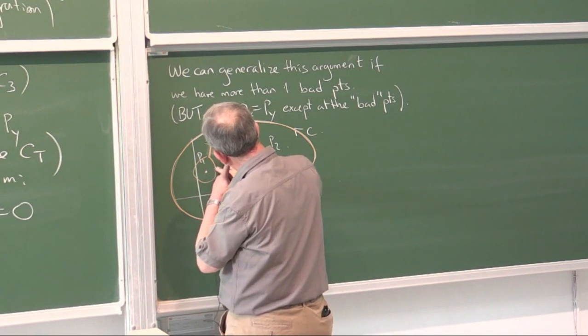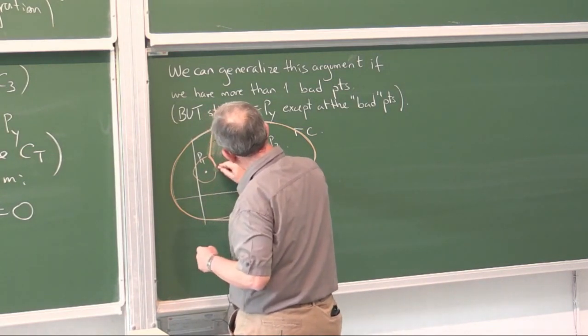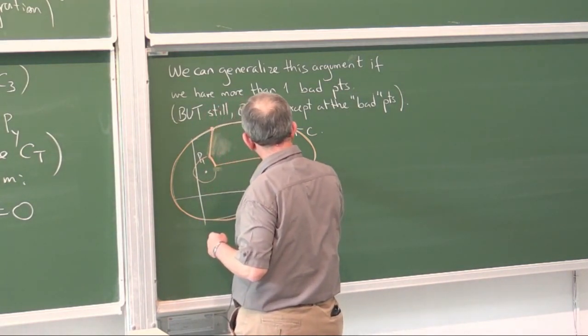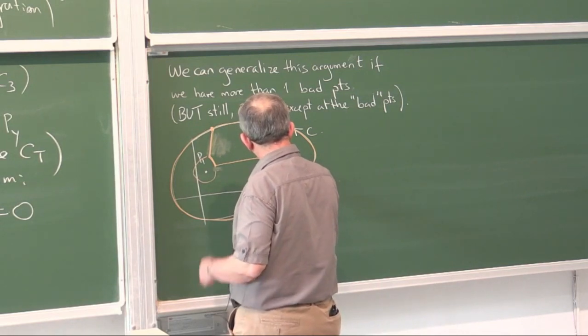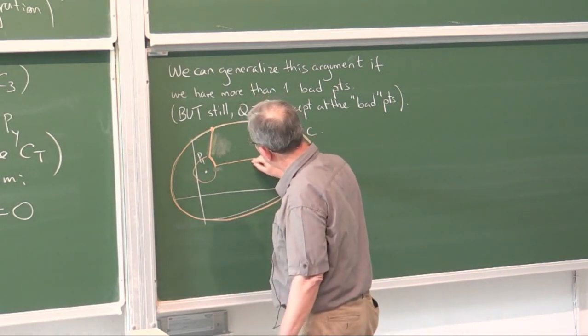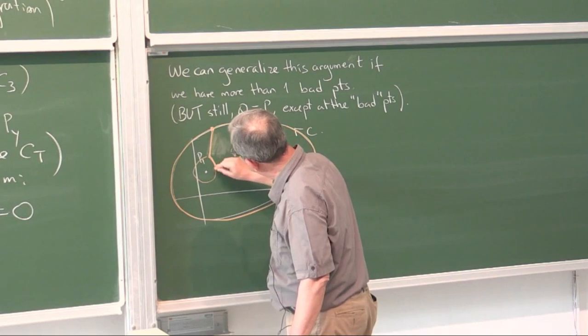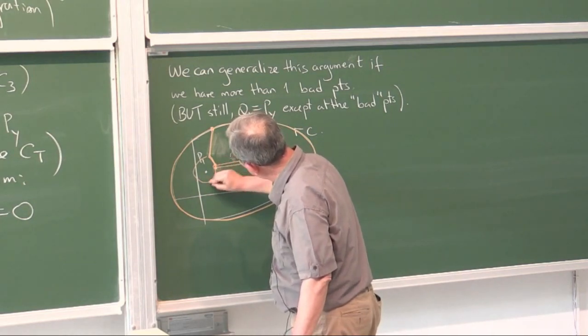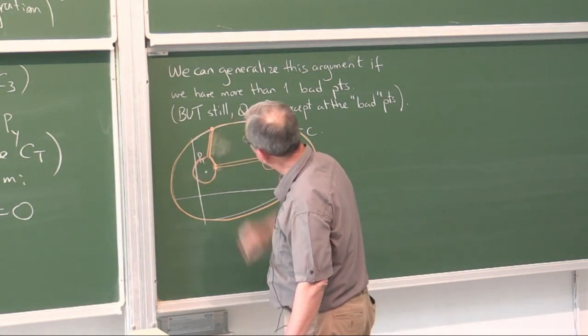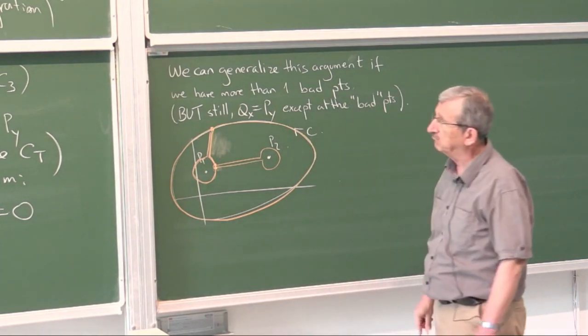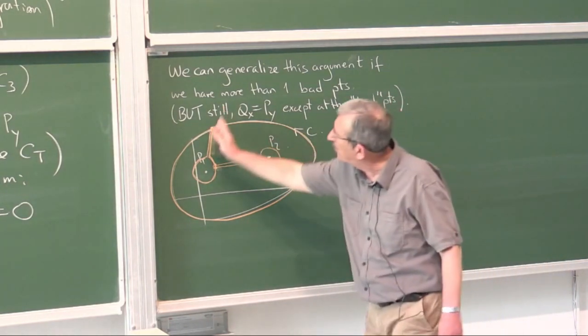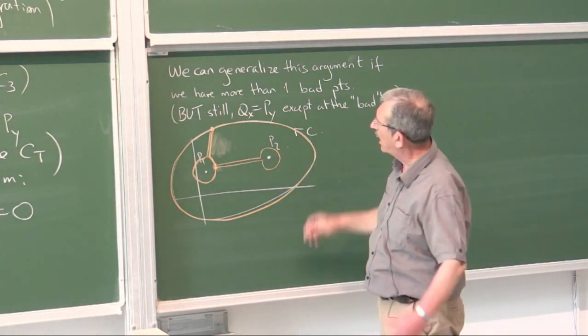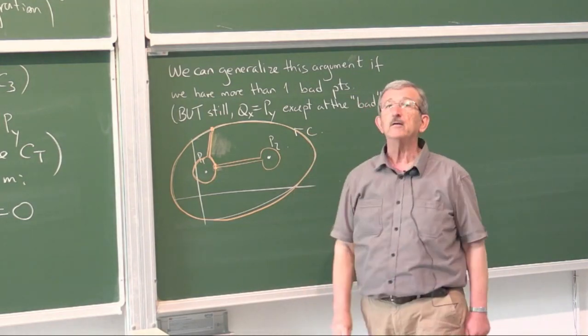And then from this point on, I can move to the other one and make a round curve around it and go this way and come back. So by opening up a long canal, I put both points outside.